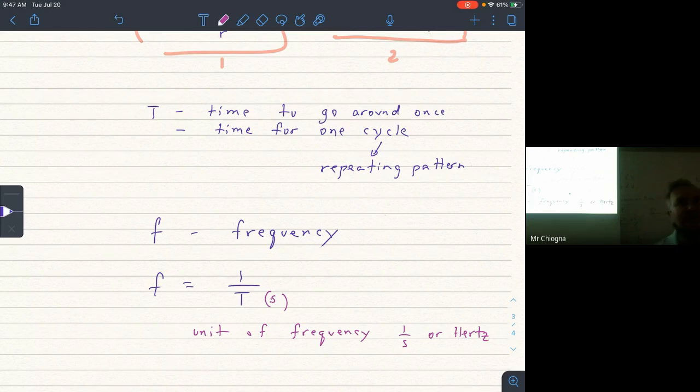So when you hear megahertz, for example a radio wave in the frequency of megahertz, it's just 1 over seconds. Mega meaning millions: a million 1 over seconds. Sometimes this is abbreviated Hz.